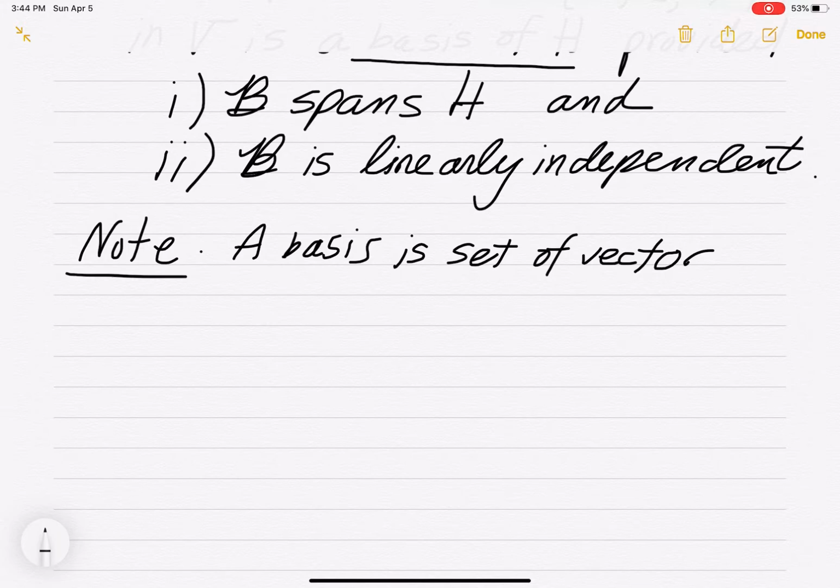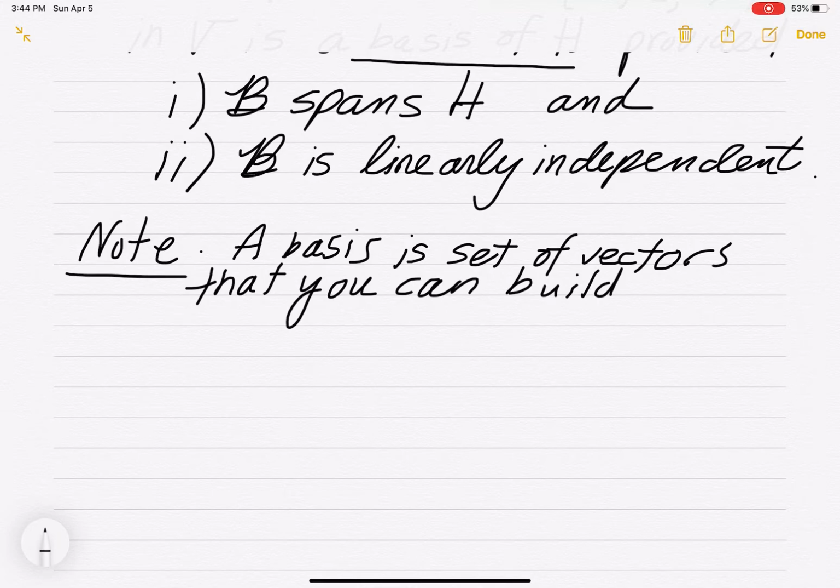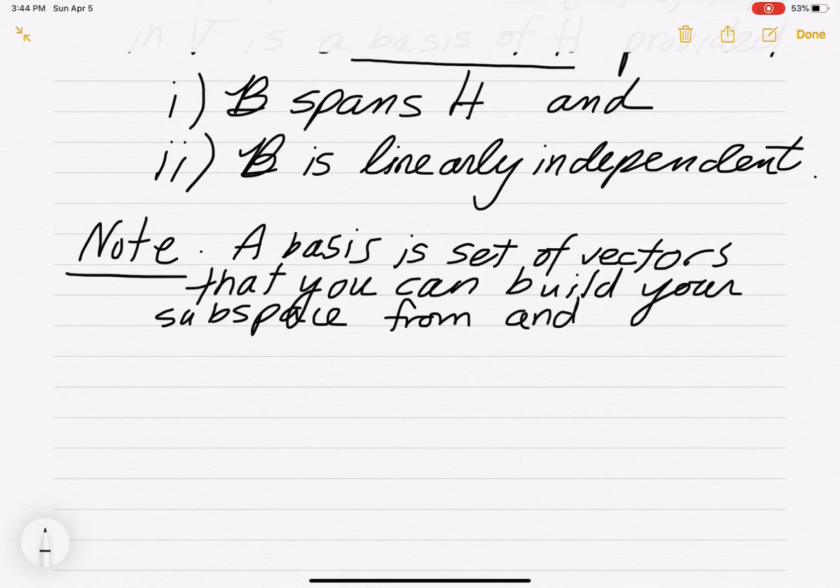A basis is a set of vectors that you can build your subspace from. And you want it to be the smallest set of vectors, so you want it to be linearly independent.